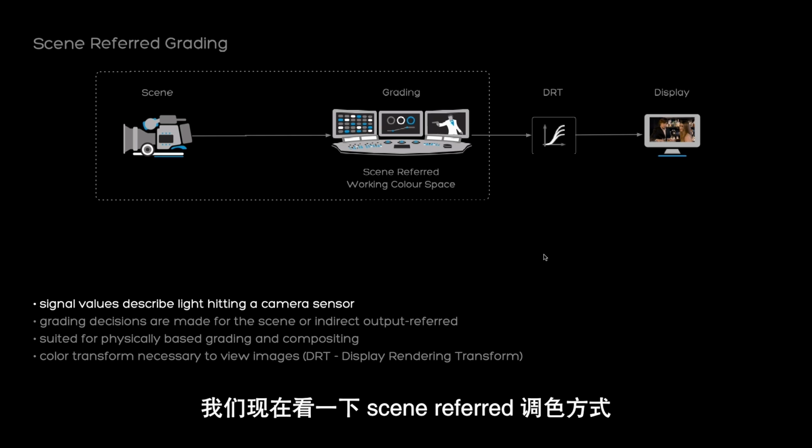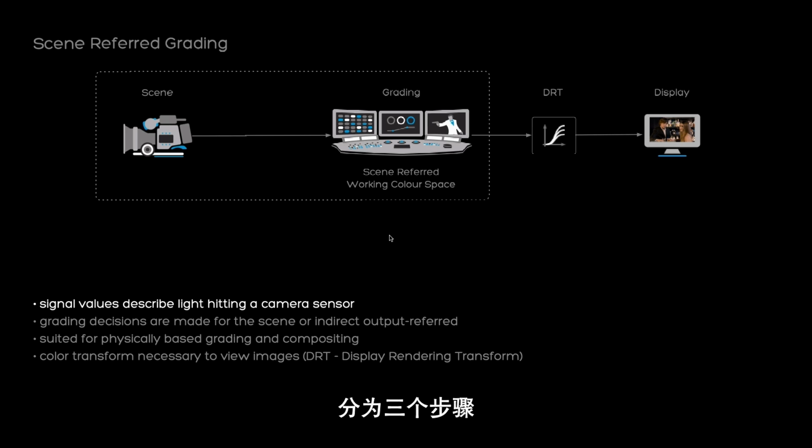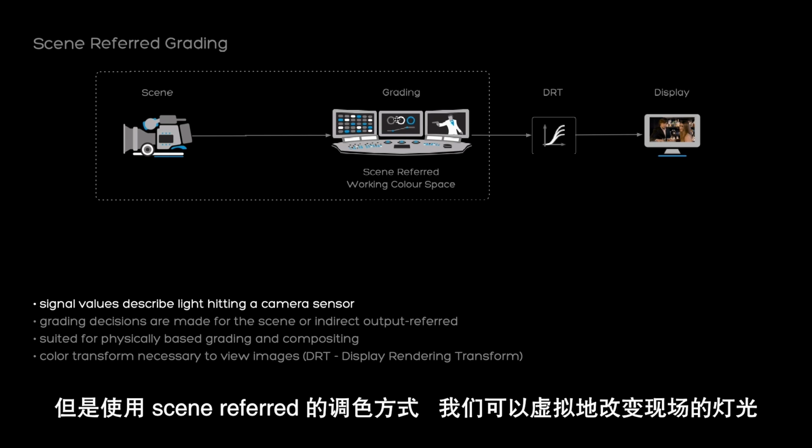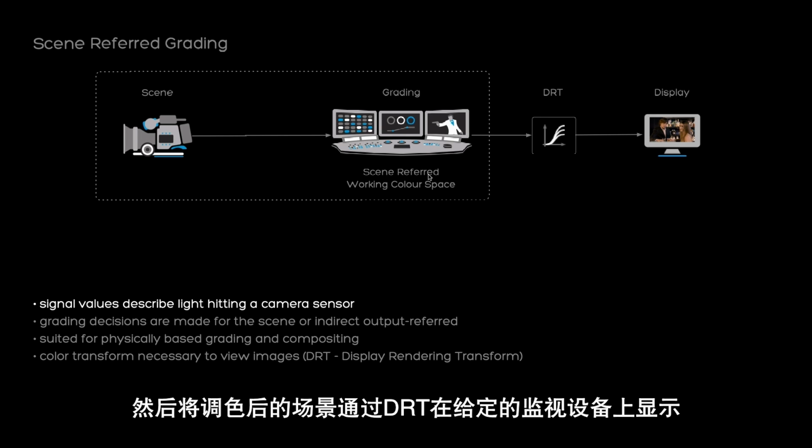So now let's look at scene referred grading in contrast. So here we have three stages again: the scene captured by a camera, our color grading, and our grading display. But in scene referred grading, we are grading the light in the scene in an abstract way, and we're then piping that graded scene through the DRT and process it for a given display.